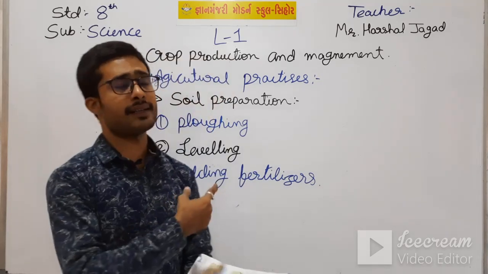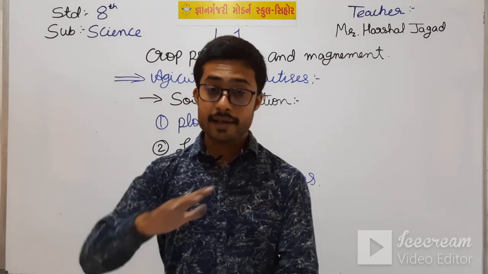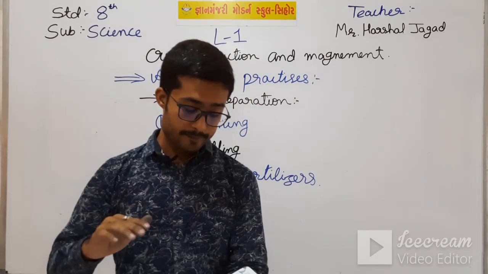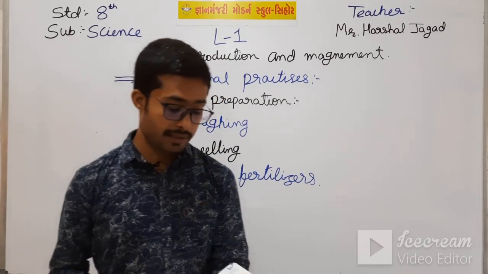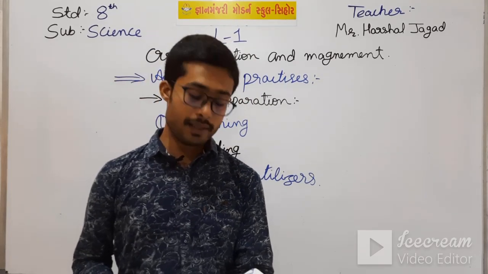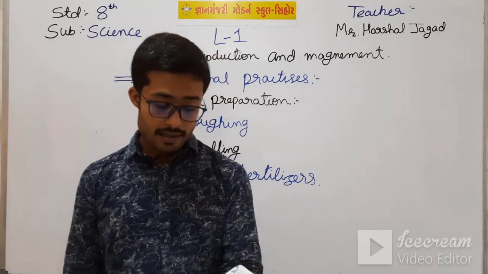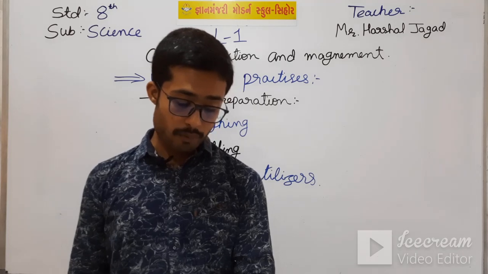Now the second point is leveling. So what is leveling? The lumps of soil. First of all, the ploughing picture is given in which with the help of a tractor the farmer is ploughing his field. Okay students. Next, leveling. Sometimes big lumps of soil remain on the field even after ploughing.